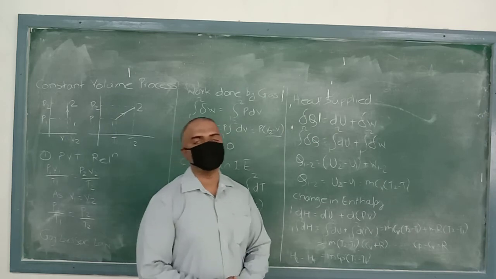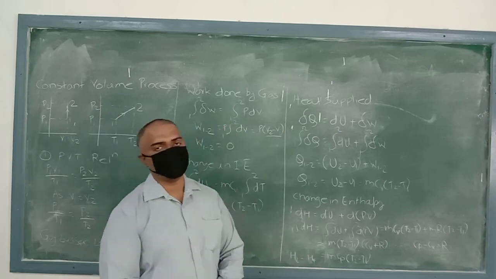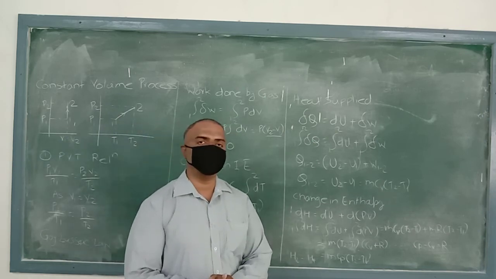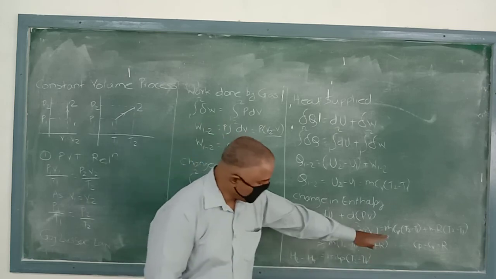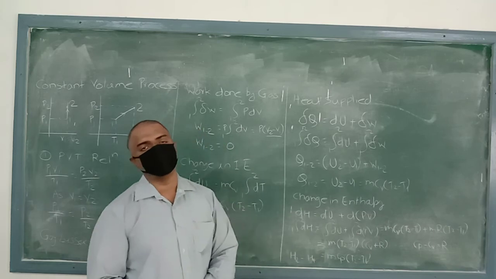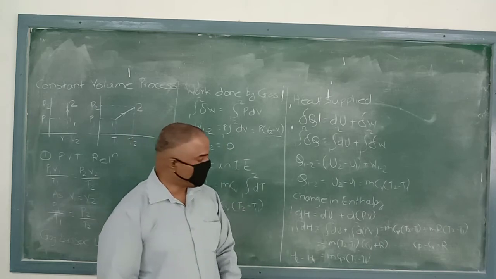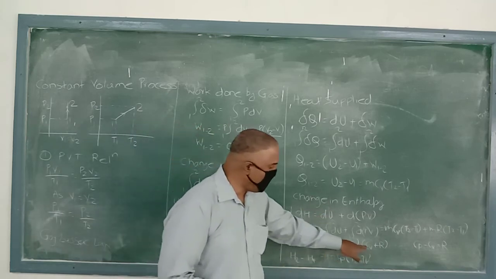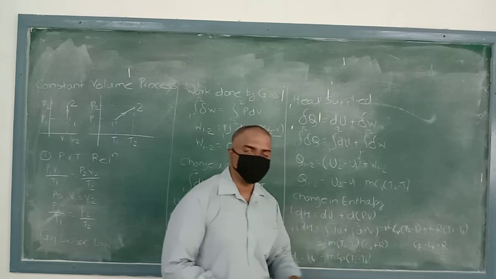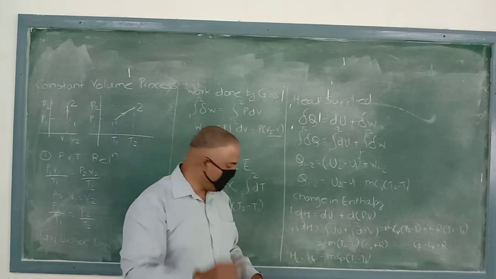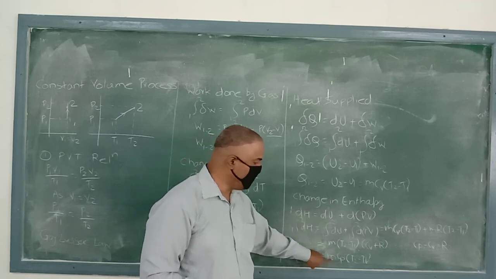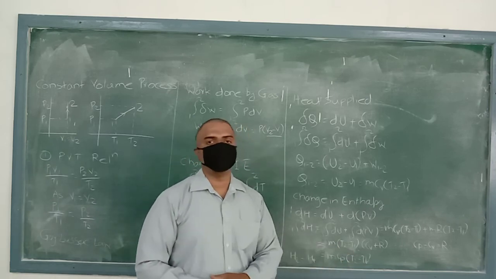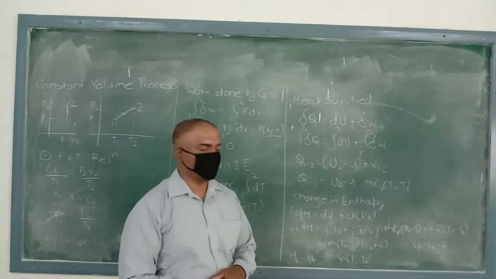But we have the relation between the specific heats. The difference between specific heats is the general gas constant. So we are saying Cp minus Cv is equal to R. So from this equation we can write Cv plus R is equal to Cp. So we are getting change in enthalpy is equal to mCp (T2 minus T1).